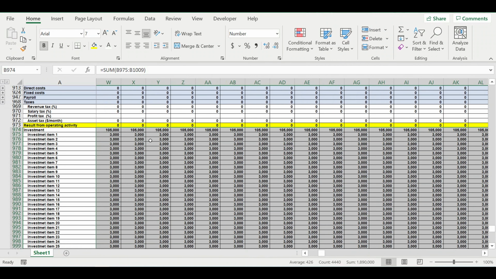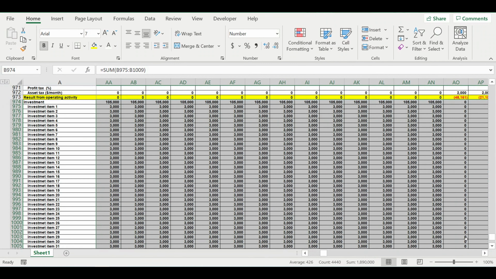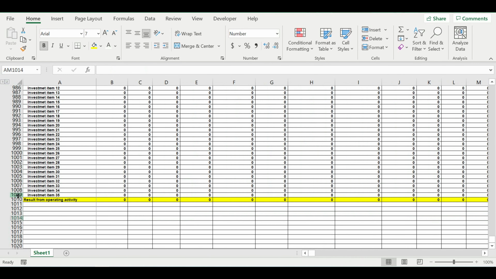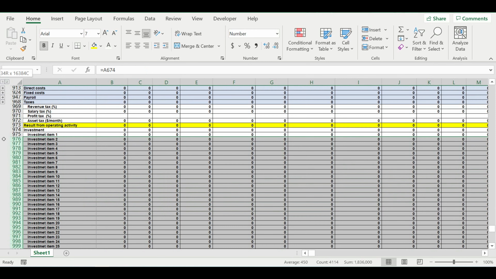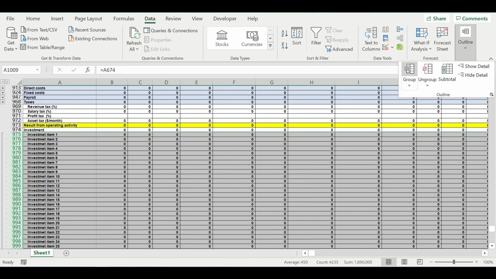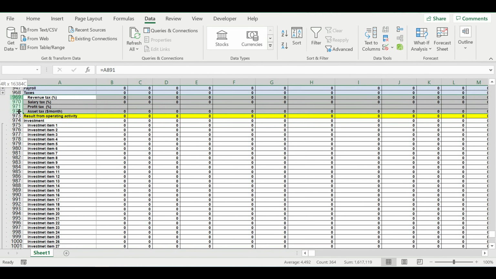So here is our investment stage. Then we will group this information, this data. And also we will group this.